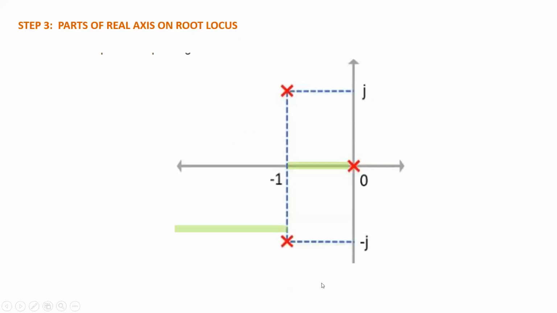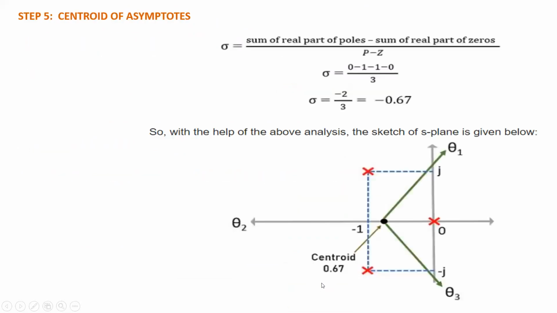If we add that, we have minus 2, and as we don't have any zeros, we substitute 0, and we get minus 2 by 3, which is minus 0.67. This is where the centroid is lying, and if we draw the asymptotes, this is the 60-degree asymptote, this is the 300-degree asymptote and this is the 180-degree asymptote.